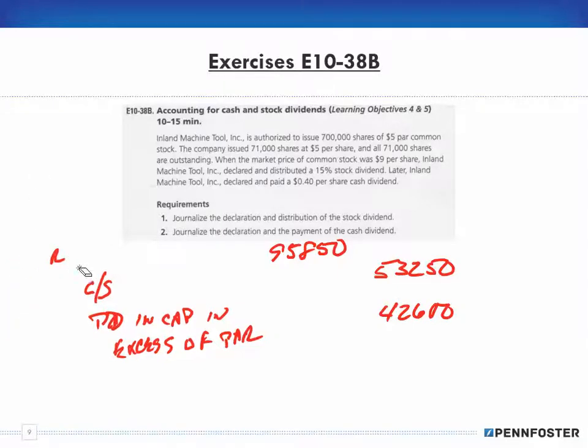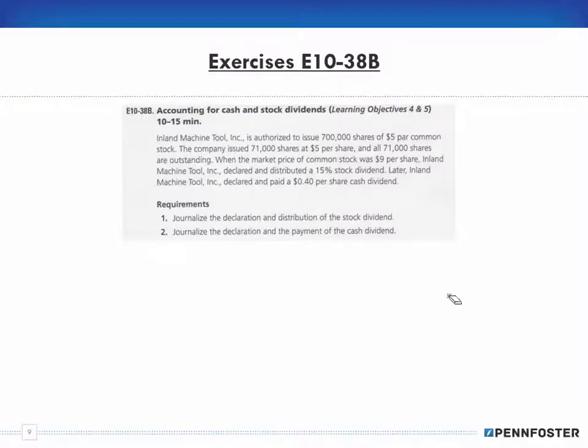All right, so I'm erasing. All right, so journalize the declaration and payment of the cash dividend. Okay, so what are we looking at in the cash dividend? Well, we still have 71,000 shares, right?